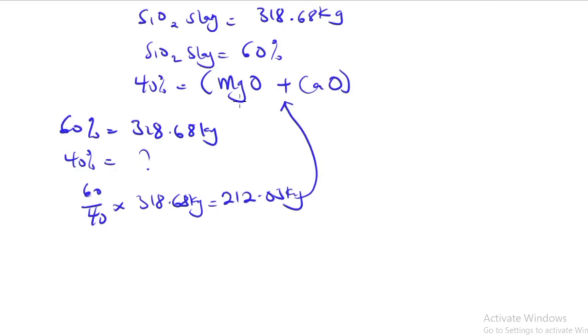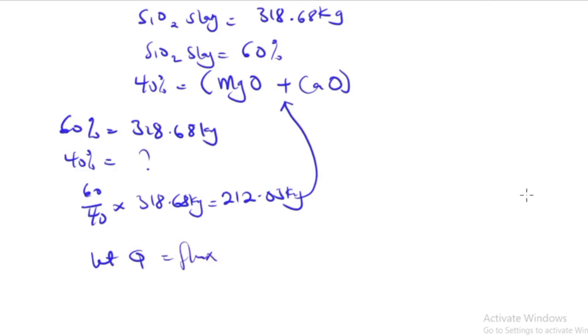Since this is a flux, this is also a flux which has been converted into this: the magnesium carbonate has been converted into magnesium oxide, and calcium carbonate into calcium oxide. And these are all from fluxes. So we can get how much flux was used from here. Let Q represent how much flux was used.